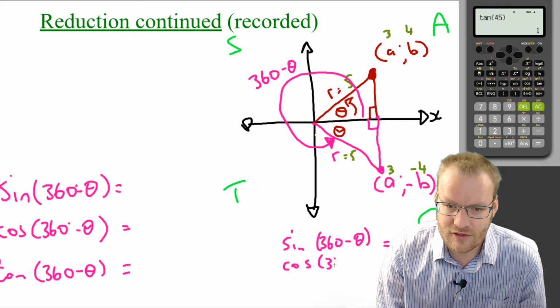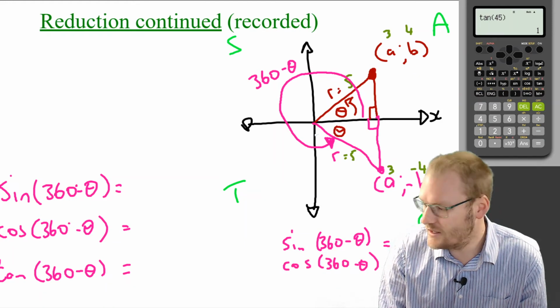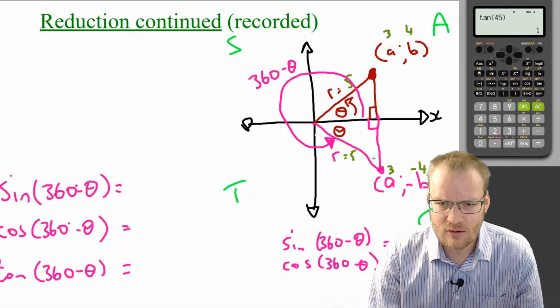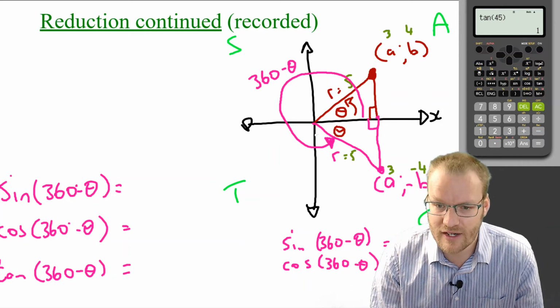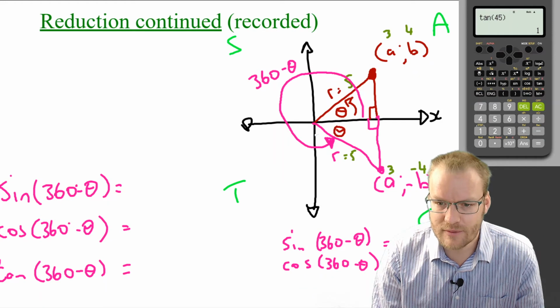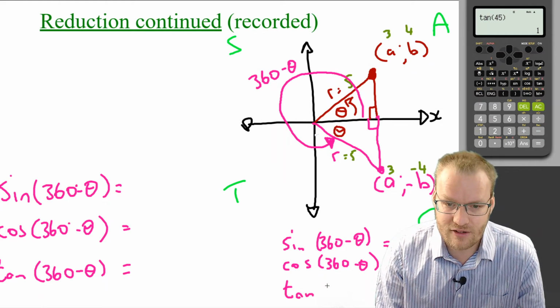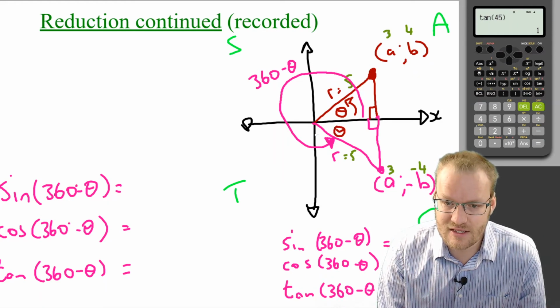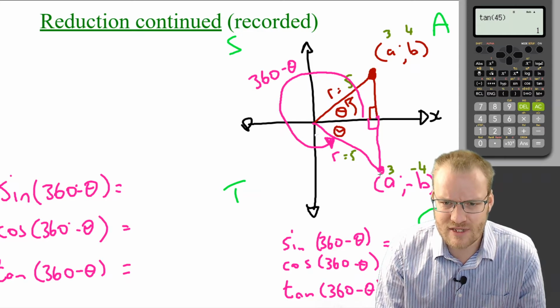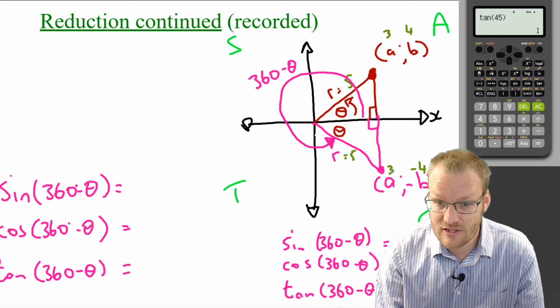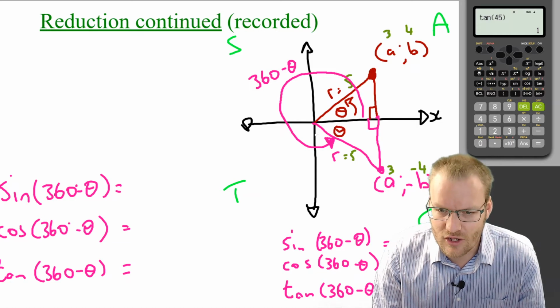Cos of 360 minus theta equals, well, cos is positive here and positive here, so we just got to remember that those are the same. And tan of 360 minus theta is, well, tan was negative here, positive here, because only cos is positive in the fourth quadrant, so this is the same as negative tan of theta.